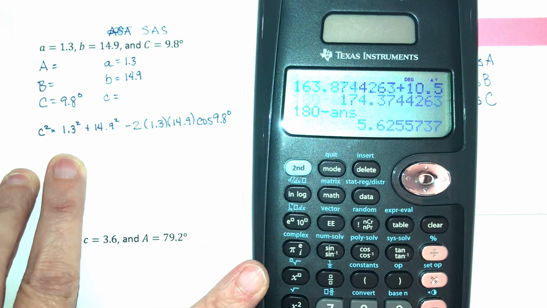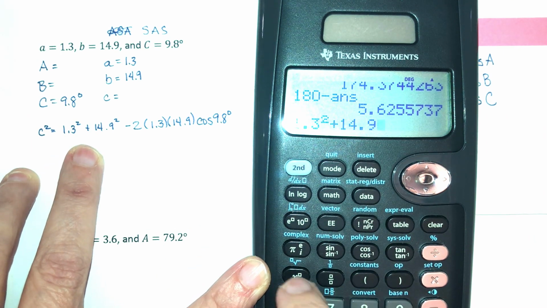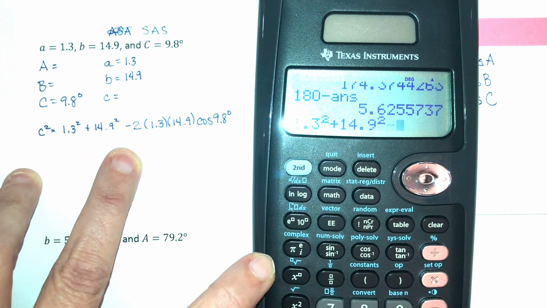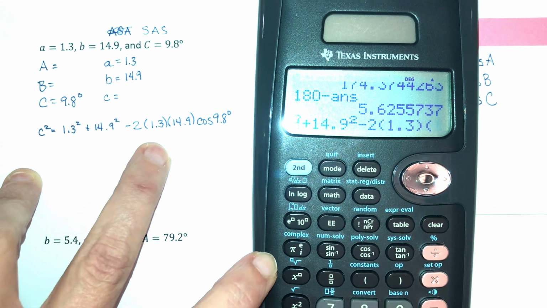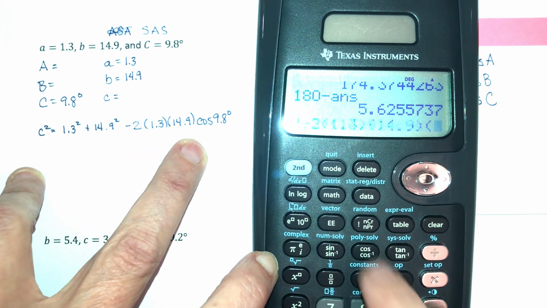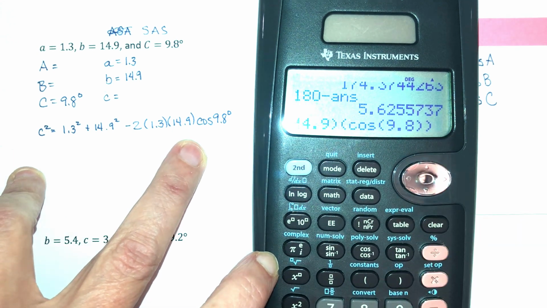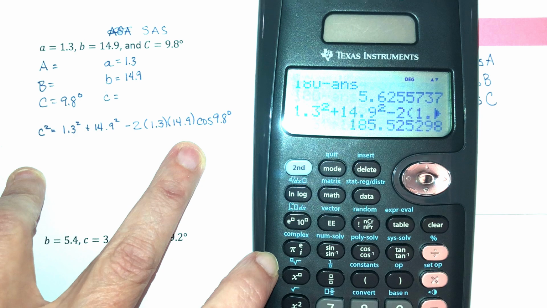So going to my calculator, making sure that I am in degrees before I continue.